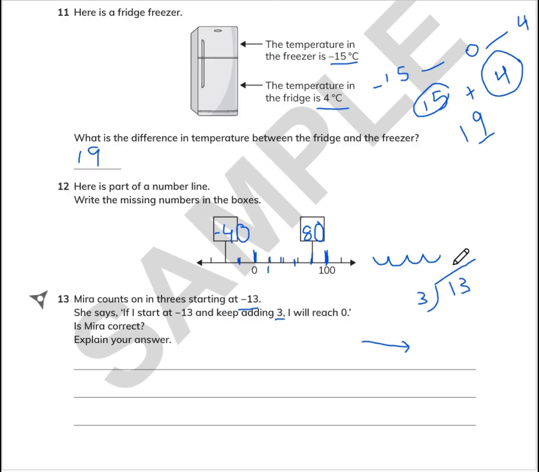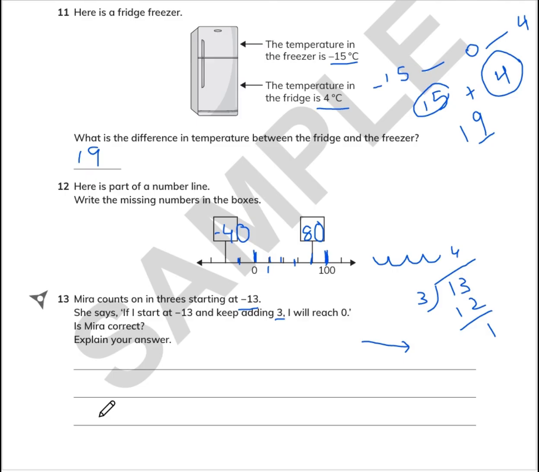So 3 fours are 12. Remainder will be 1. If there is no remainder, that means that Mira is correct. But since we got a remainder, that means she is incorrect. So Mira is incorrect here. This is the best way to know whether you will reach that number or not.